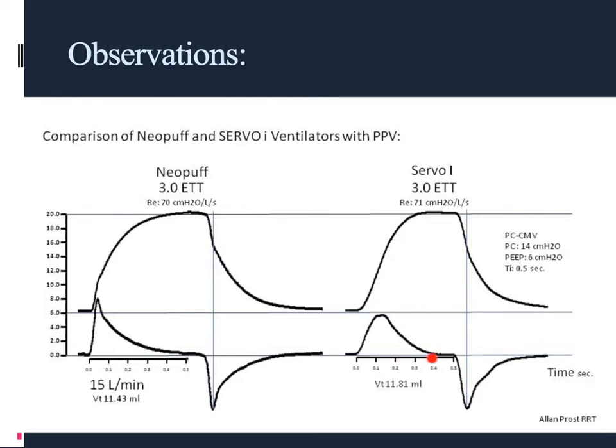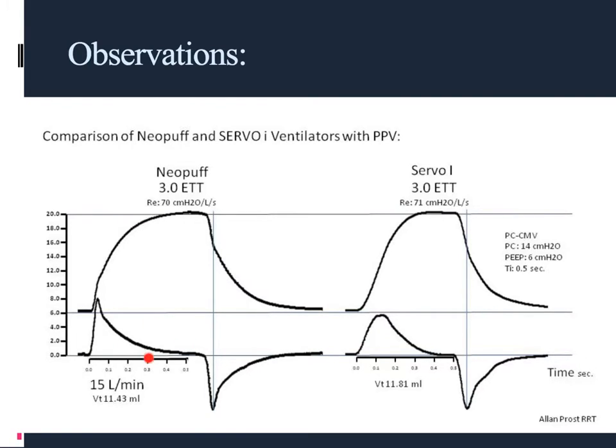And right off on the NeoPuff, you can see even though we don't achieve nearly the same kind of peak inspiratory flows, because of the efficiencies within the system, we get equilibrium being delivered much quicker with the servo i ventilator. This is a passive patient being mechanically ventilated with each device, and we can see that you could have much shorter TIs established when using the servo i ventilator. Even though our peak flows are quite a bit less, we still seem to get equilibrium much quicker.